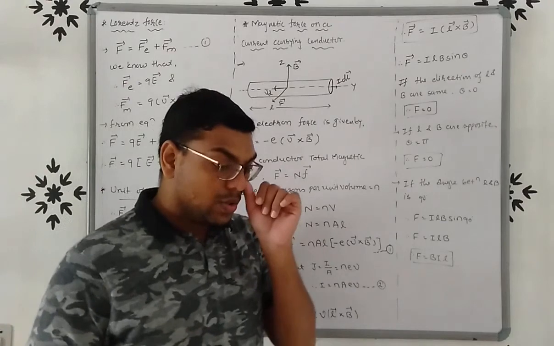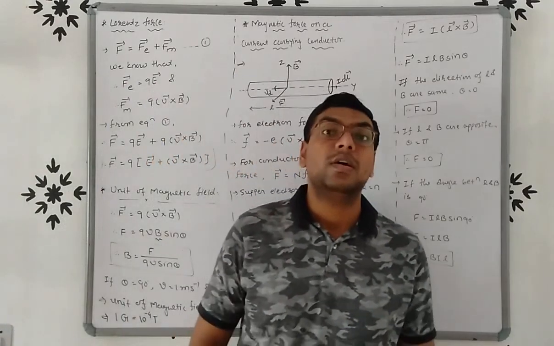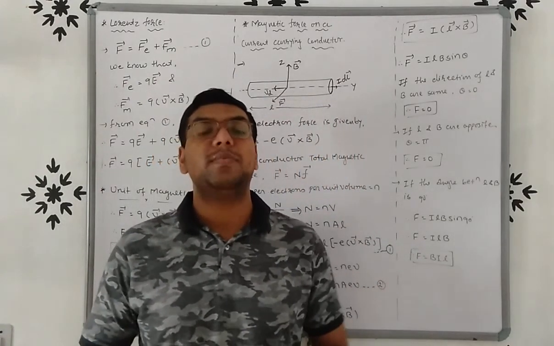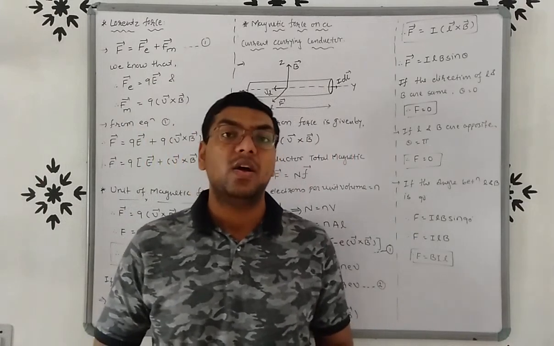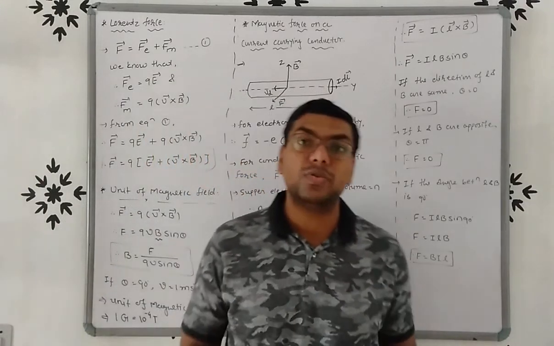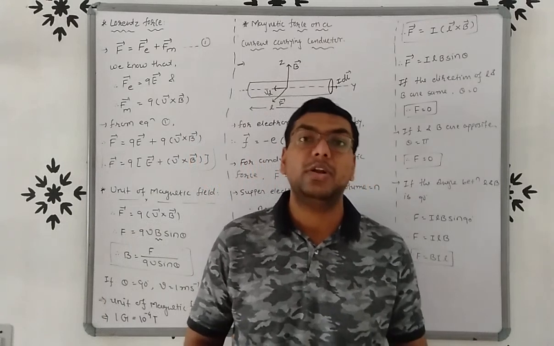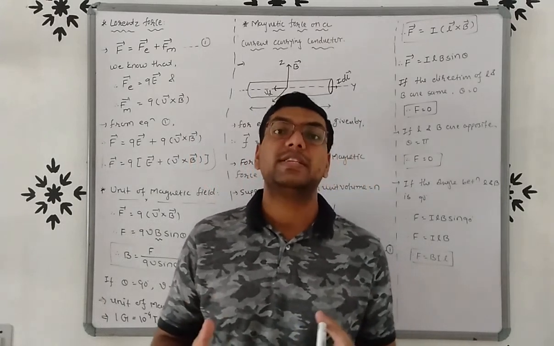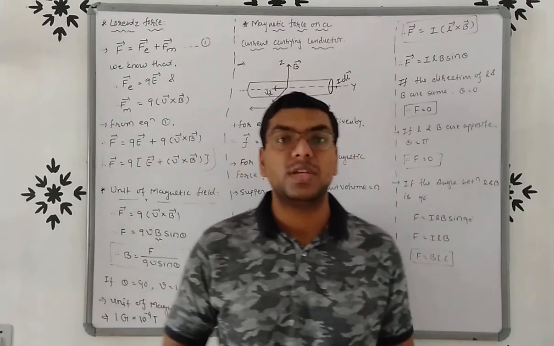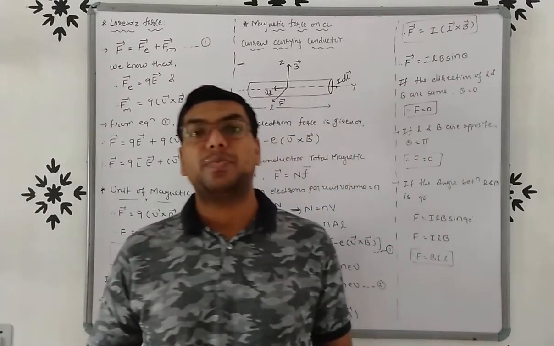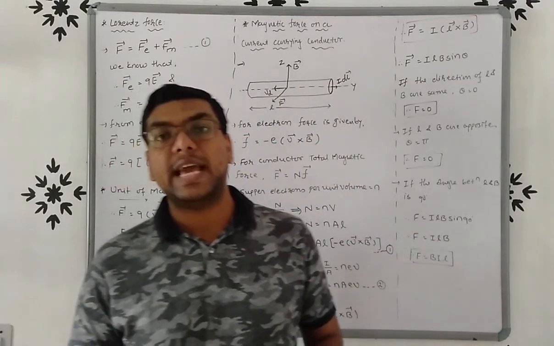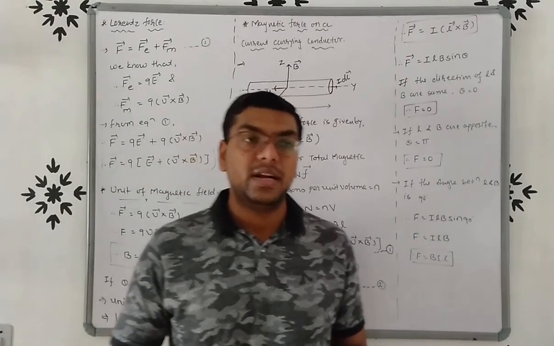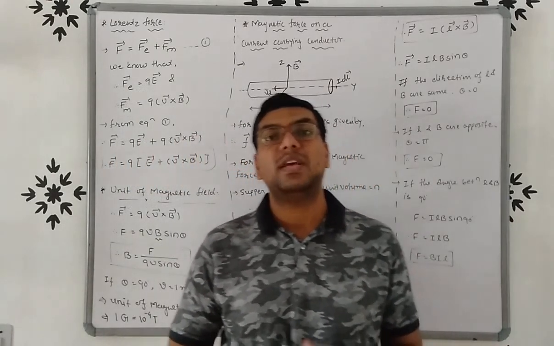Right? So now, friends, you have to remember the formula of force due to magnetic field, due to electric field, the equation of Lorentz force, then force on a current carrying conductor, right? So you have to remember all the formulas.